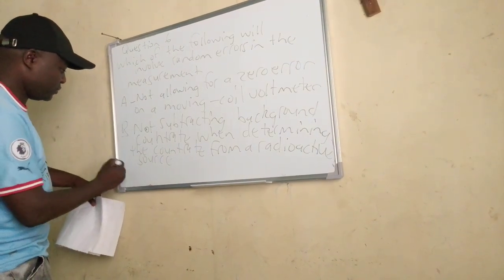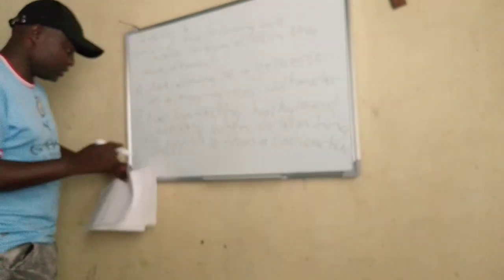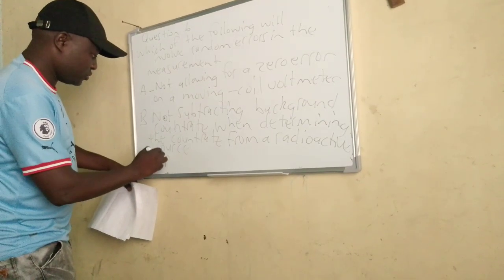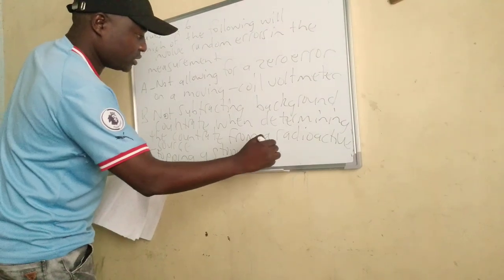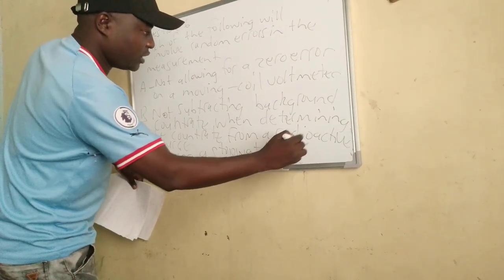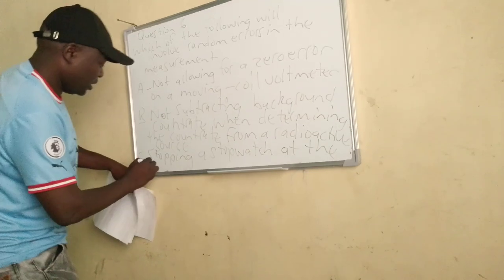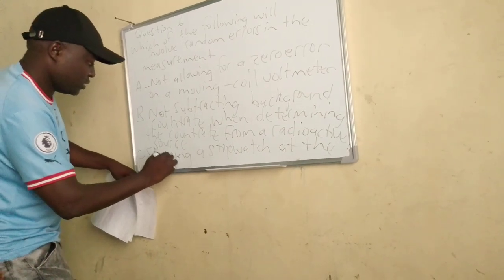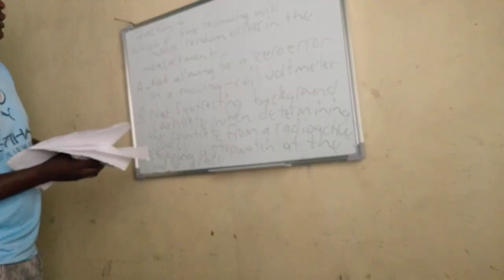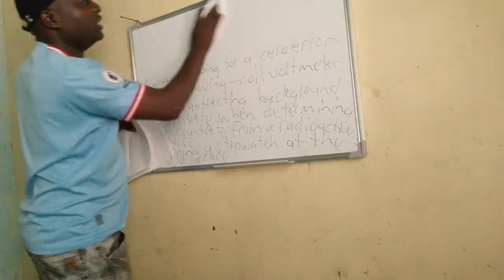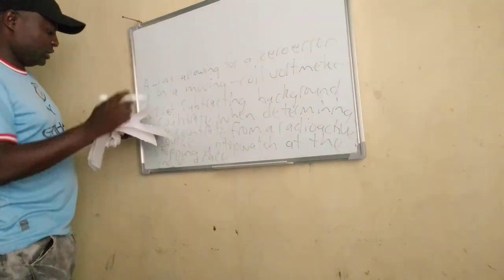C. Stopping a stopwatch at the end of the race. Then option D, allow me to write option D there.